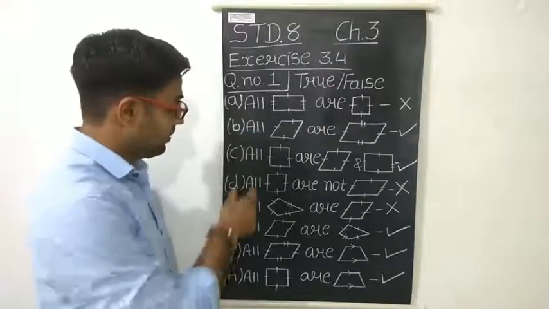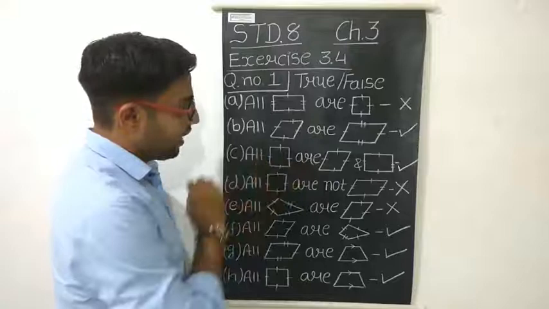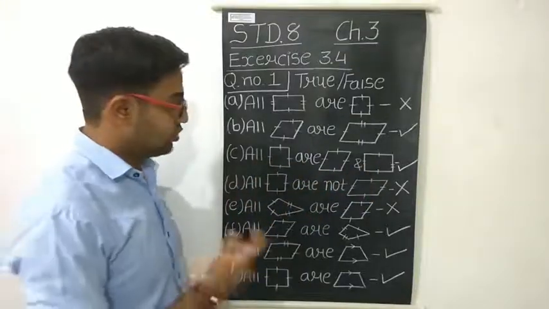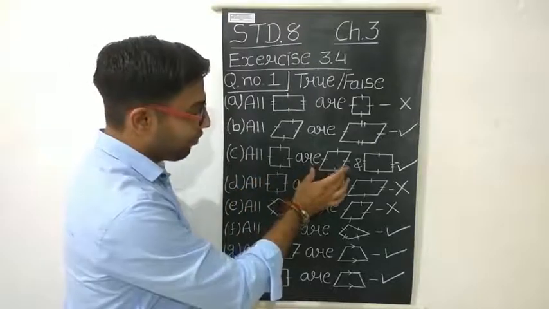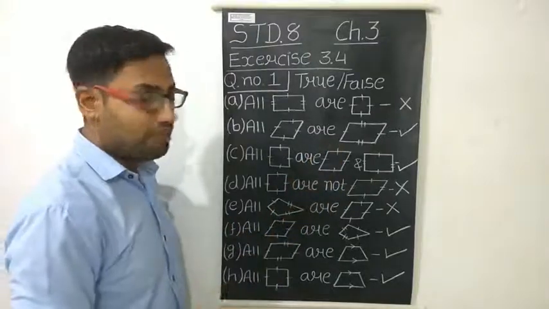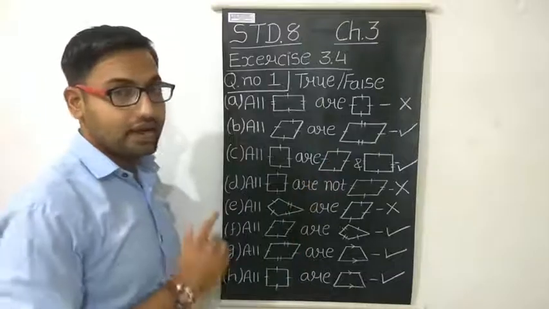C, right? All squares are rhombus and rectangle. So see, does the square satisfy all the properties of rhombus? Yes, because the minimum requirement to have a rhombus is that all the sides are equal and both pairs of opposite sides are parallel.